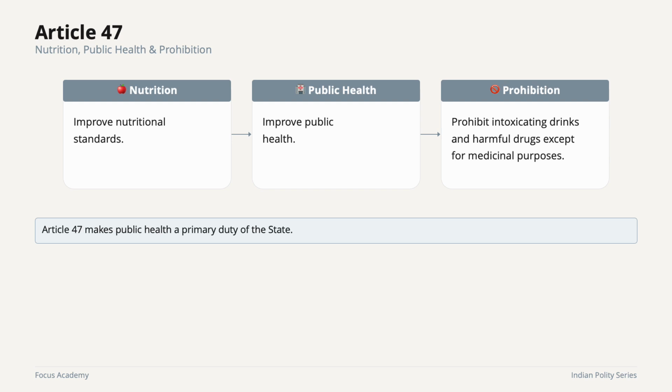For improving the nutritional standards, we have the Social Welfare Department, the Ministry of Women and Child Development. We have the central ministry, and then in the state we have the social welfare, and then the different officers, the district welfare officer, the district program officer, or the child development project officer.